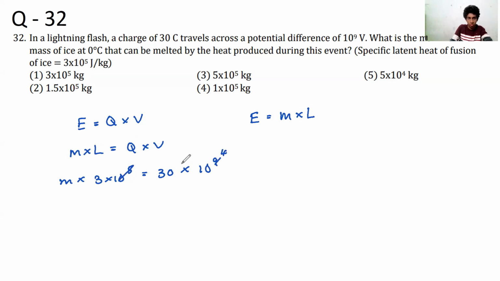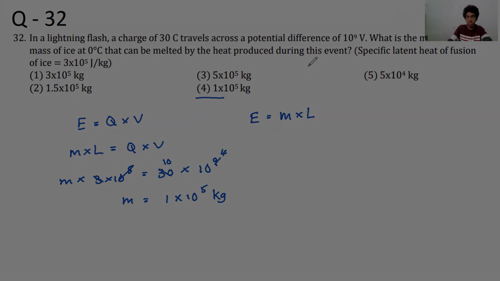So this will be 4 and this will be 10. So M is equal to 1 into 10 to the power 5 kilogram. So the maximum mass of ice that can be melted is 1 into 10 to the power 5 kilogram. So the correct answer is the fourth one.